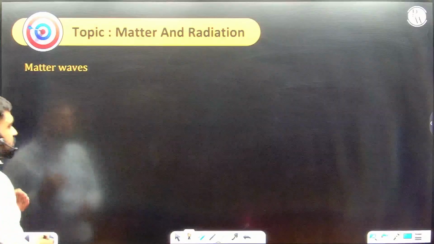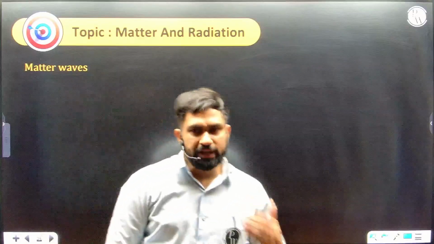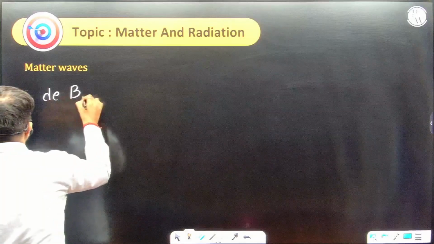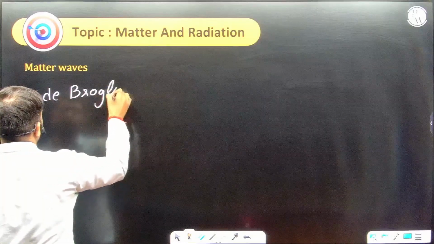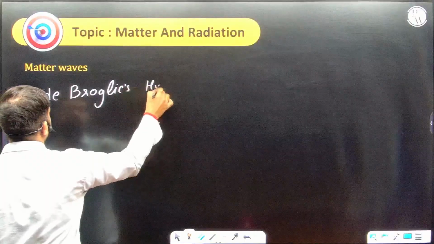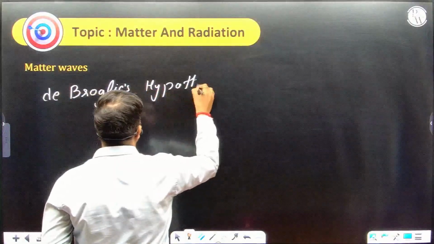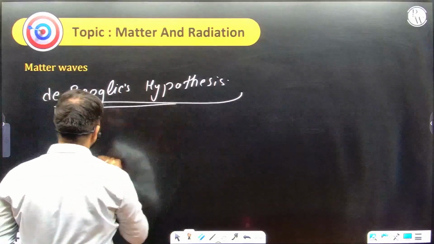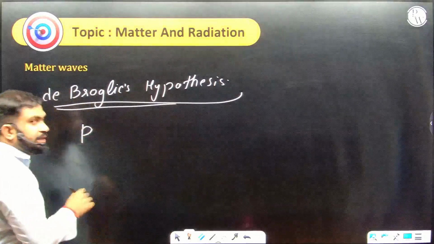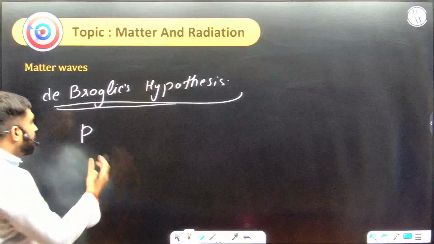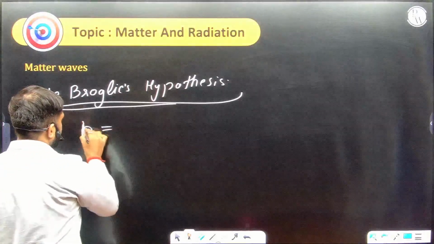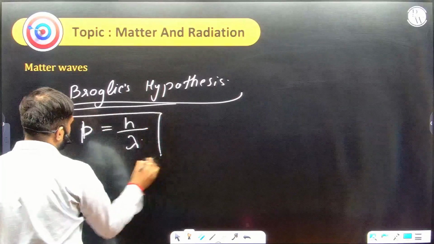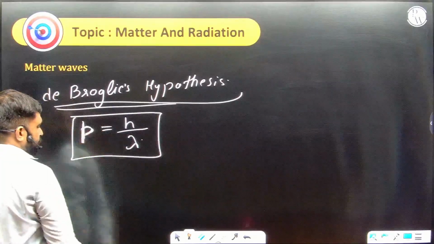Alright, now comes your matter waves. So de Broglie's hypothesis says that just like photons, the momentum of any particle, the matter, if they have momentum, then it can be related with their de Broglie wavelength using this formula.